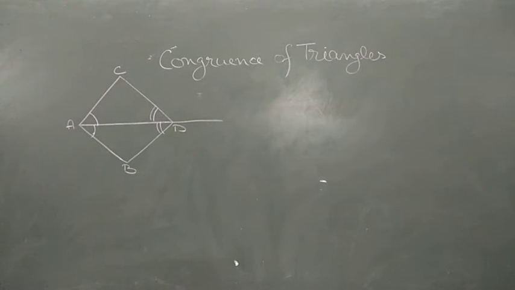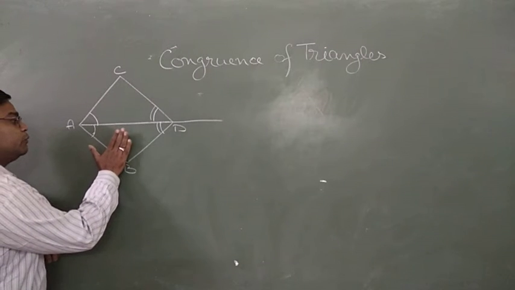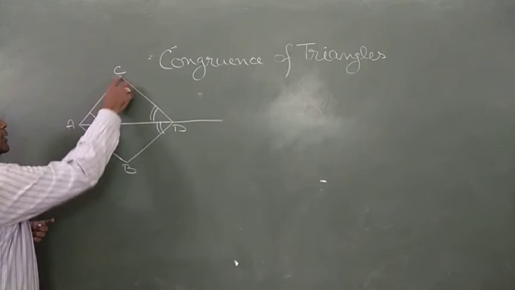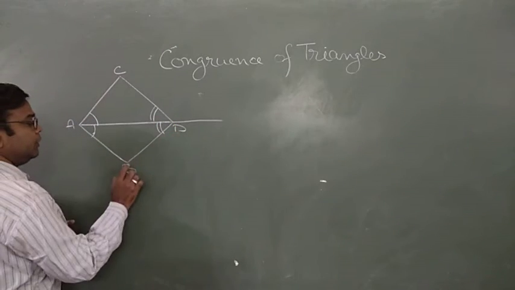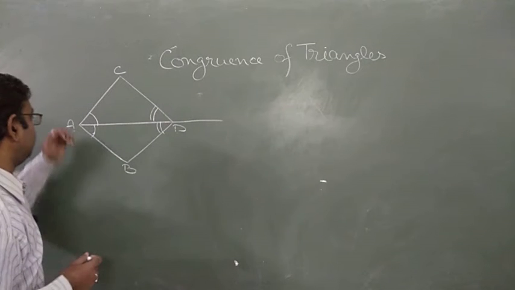So let's start. How do we prove that? The main thing we have to prove is that this triangle is equal to this triangle. The figure is clear that angle CAD and BAD are equal, BDA and ADC are equal. How do we prove that?